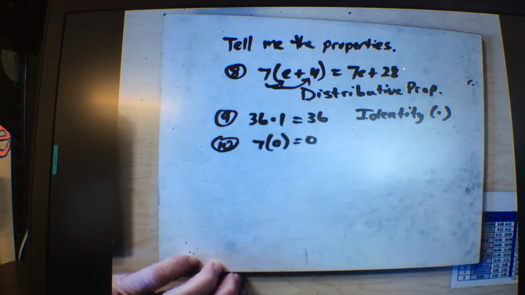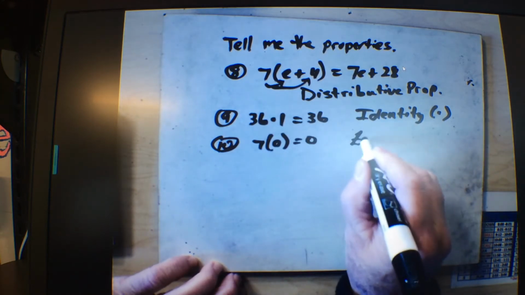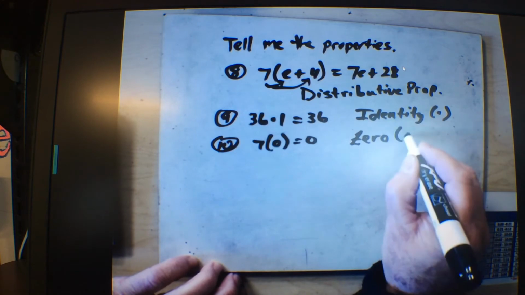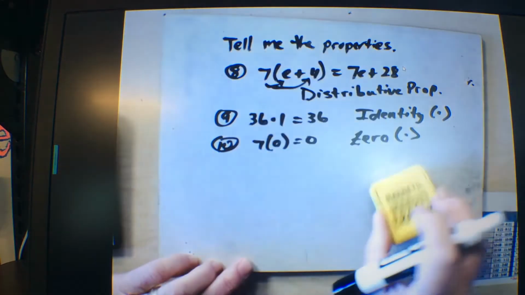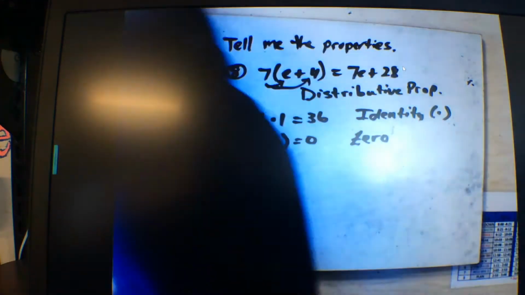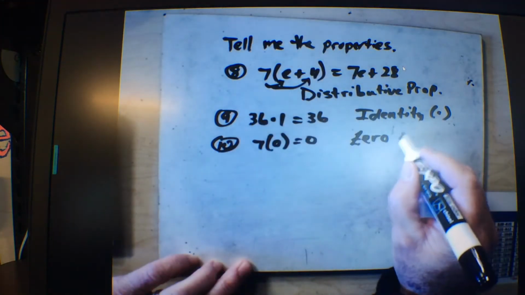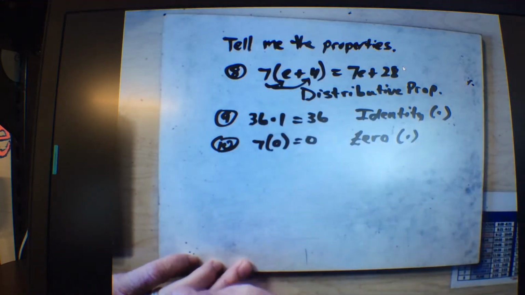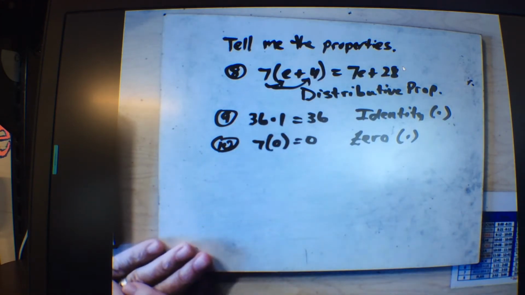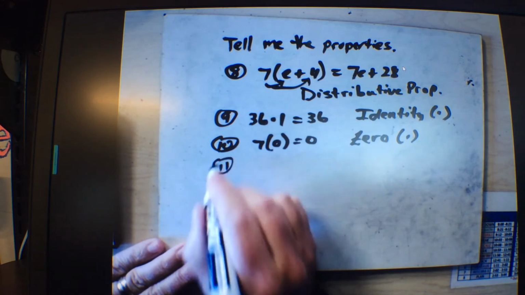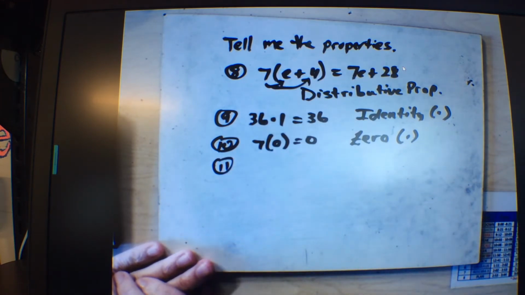Multiplication property of 0. So I do it like this, the 0 property of multiplication. Actually, I forgot property. We do have to put property on that one. Actually, no, I will accept this. On the test, it'll be 0 property of multiplication, okay? I'm a little bit more stringent when I'm writing them out, you know.